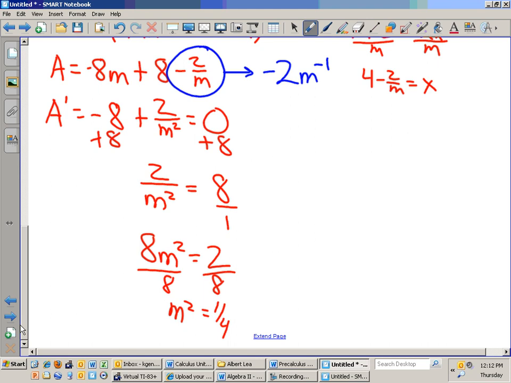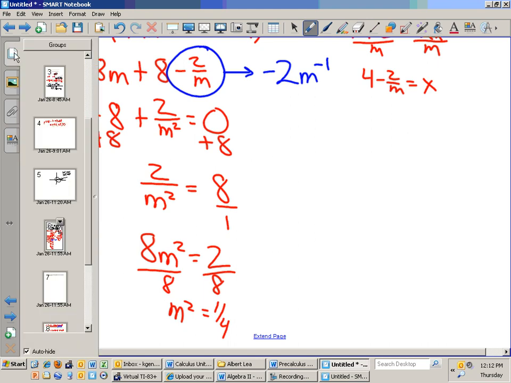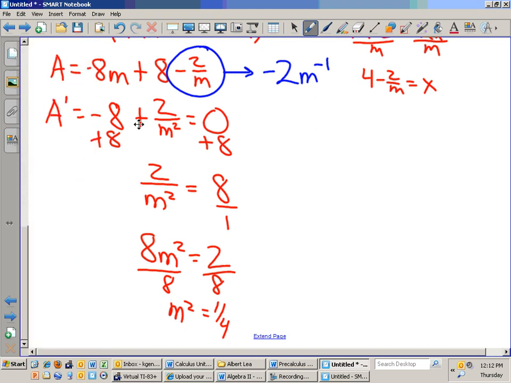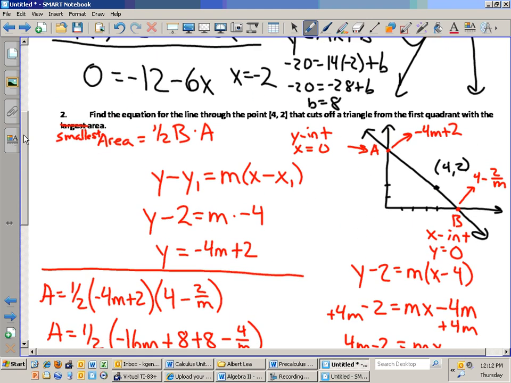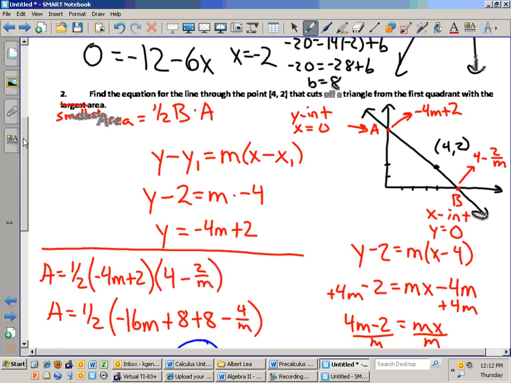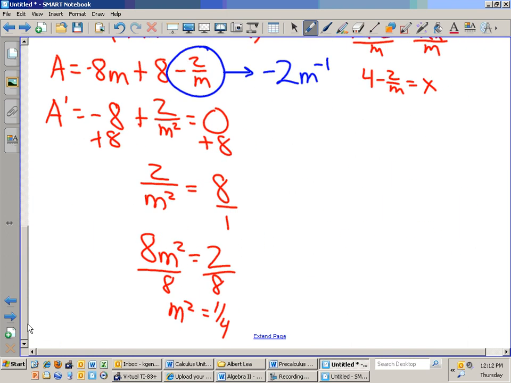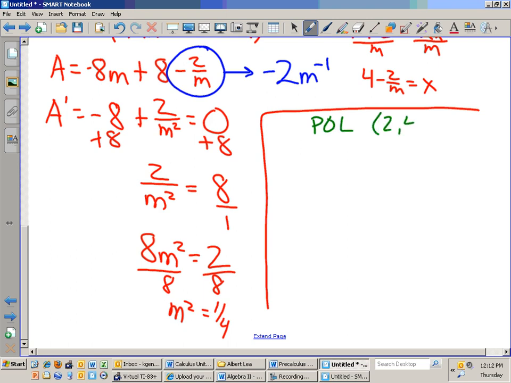Do we have everything we need to write the equation for the line? We sure do. Let's write it. Yes. I hear some enthusiasm here. This is great. Okay, for this line, m is equal to negative 1/2. So all I need to do is, I'm running out of room, so we'll go over here. Red and green. So we have our point on our line is 2, 4, or 4, 2.